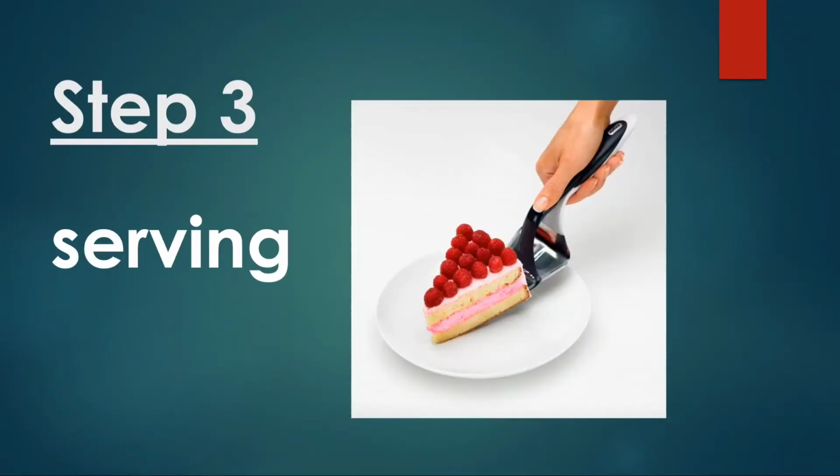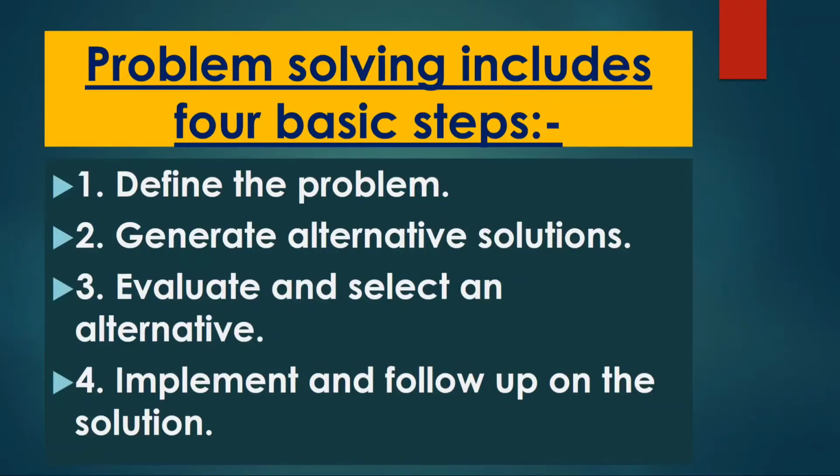And at last, when we got our cake, our third step is serving. After making it, we will also taste it, right? This is also a step. So in the third step, we will see how it tastes to us and how we serve it to others. So this is a small example I have given: the problem is how to make a cake, and the solution is we have got the delicious yummy cake.